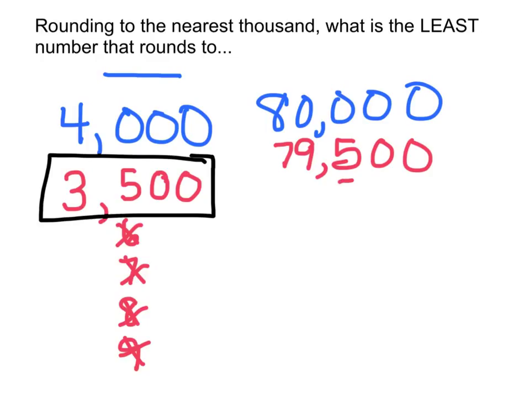We need at least a 5 in this spot to force that 9 to round up, turning it into a 10, which makes this 80 instead of 79. We don't have to add anything in the tens or ones spot because 500 is the smallest number that could force the 79 to round up to 80.